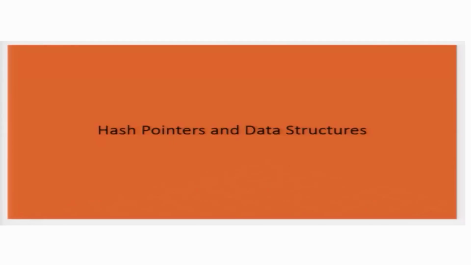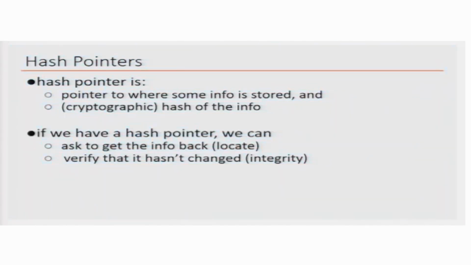The next thing that we want to talk about is hash pointers and data structures. So, what is a hash pointer? Earlier, in the last class, I said that a blockchain is actually a linked list. Unlike a linked list that you see in C++ programming, where the pointer is a memory address for the location of the next block of data, here the pointer cannot be a memory address, because it is replicated on many machines, and these machines are not all the same type.